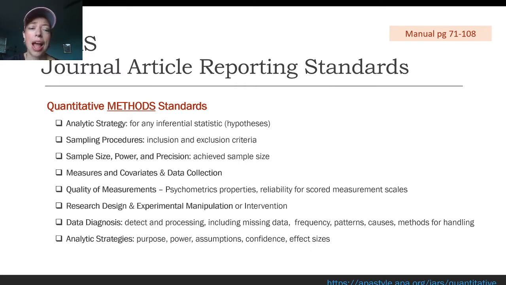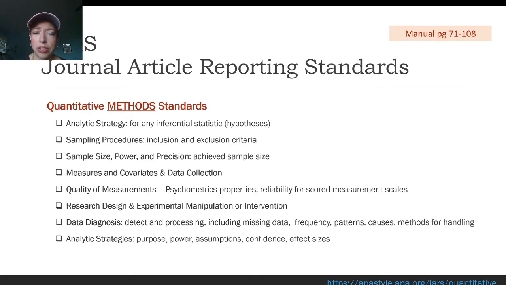Your sample: how you got your sample, what size it is, and why you chose that size of sample, which would be power and precision information. And then we'll have all of the measures or covariates that were collected, and how they were collected. If we're measuring depression, which do we use, the Beck depression scoring scale? And information, usually if it's a scale, including a Cronbach's alpha or other psychometric evaluation of the scale and citing where it was developed.